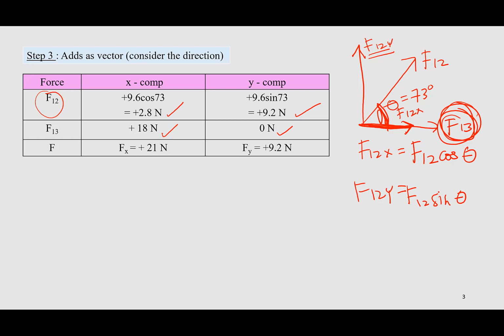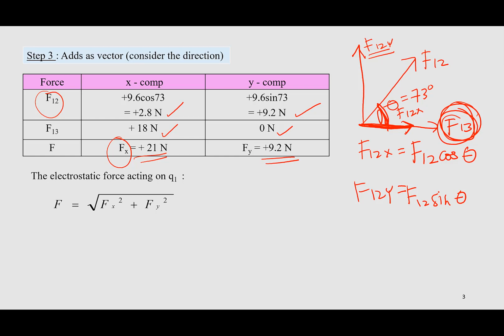Now find the total electric force in X component and Y component. After that, we find the total force. Total electric force equals square root Fx squared plus Fy squared.